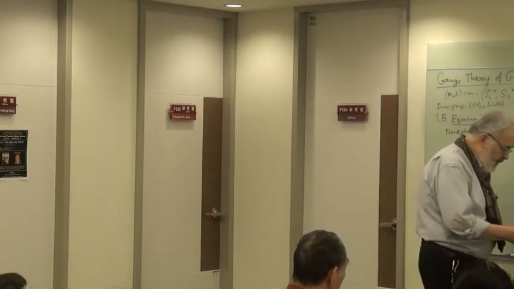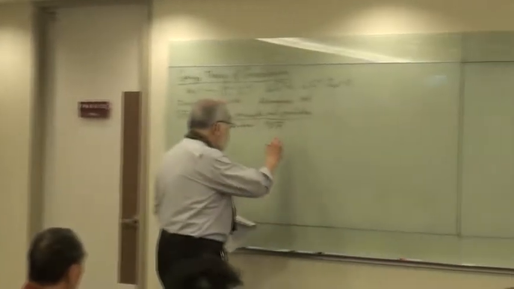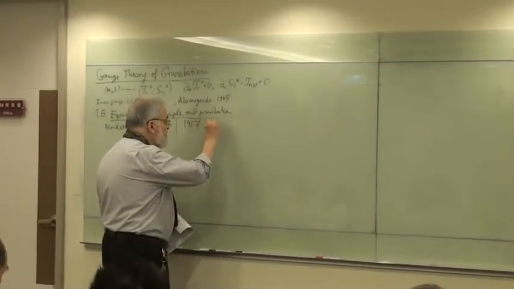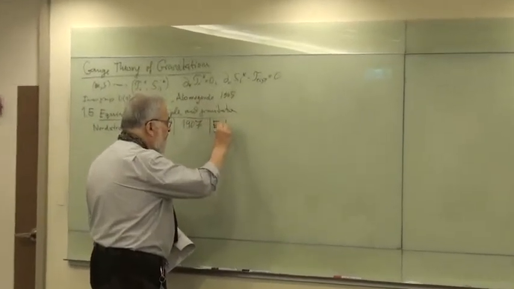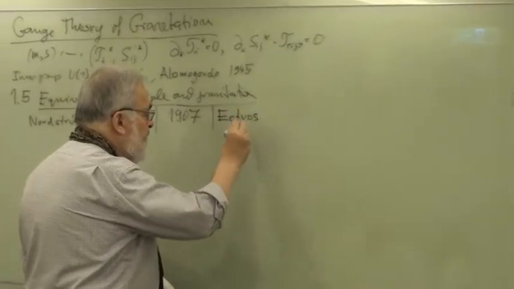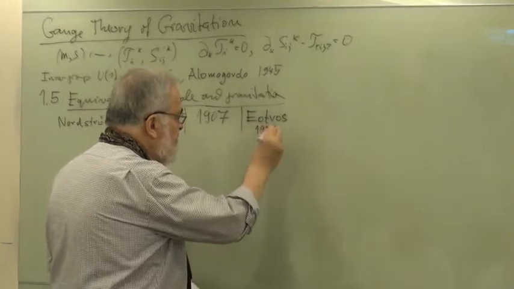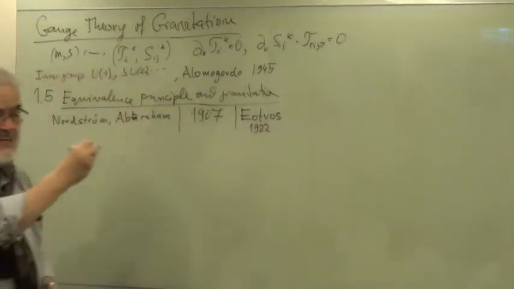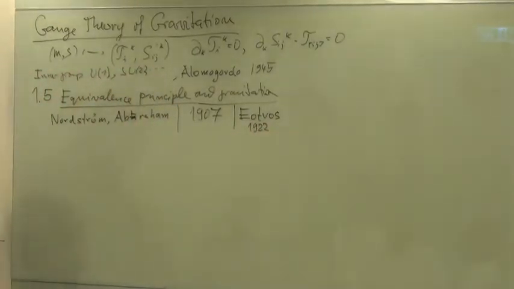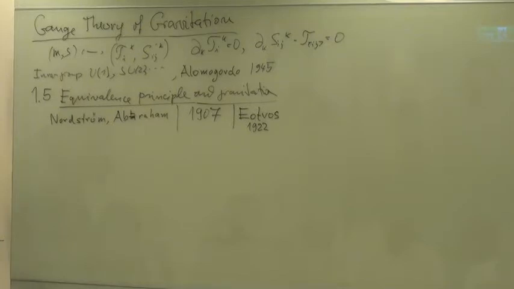The experimental basis were the measurements of Eötvös, a Hungarian physicist. They were finally published in 1922, but he started his experiments in the 1800s, I don't even know exactly when, and they were known to Einstein and other people in the trade very well.